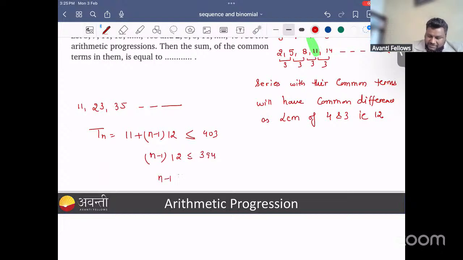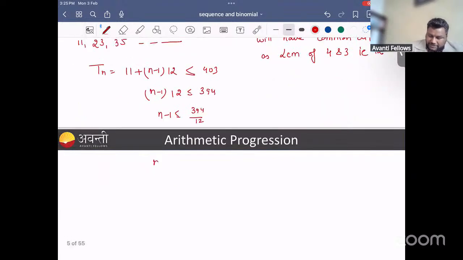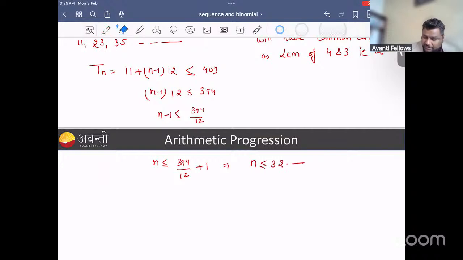So n minus 1 is less than or equal to 394 upon 12. So n is less than or equal to 394 by 12 plus 1, that means n is less than or equal to 33 point something. So the last common term will be the 33rd term. Agreed?